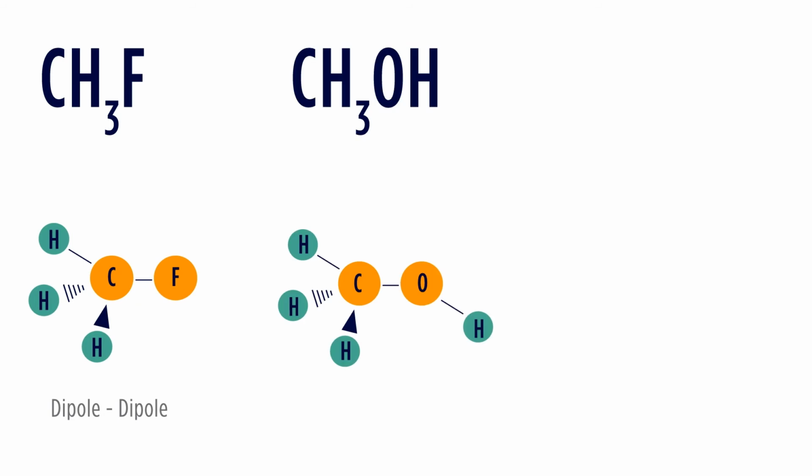If we look at the methanol, here again we have dipoles going towards the oxygen, but we also have a hydrogen attached to an oxygen. This is a key that we have the possibility of hydrogen bonding. So anytime we see an oxygen, nitrogen, or fluorine, we need to be looking for a hydrogen. Because it has hydrogen and free lone pairs on our oxygen, this can do hydrogen bonding.